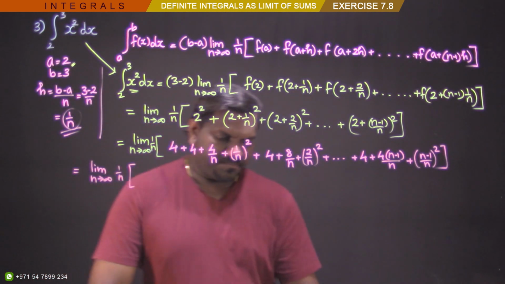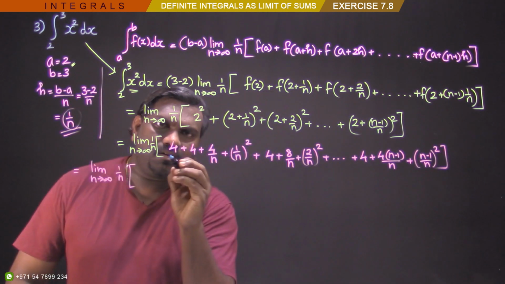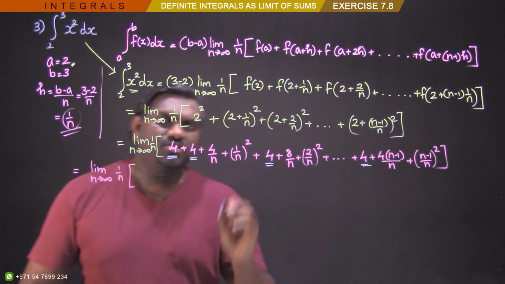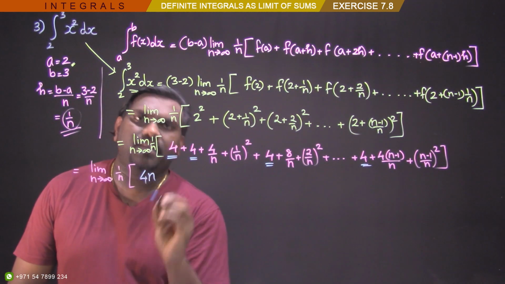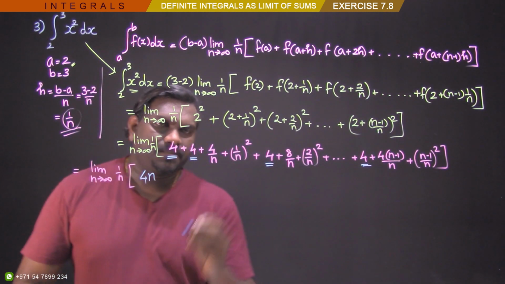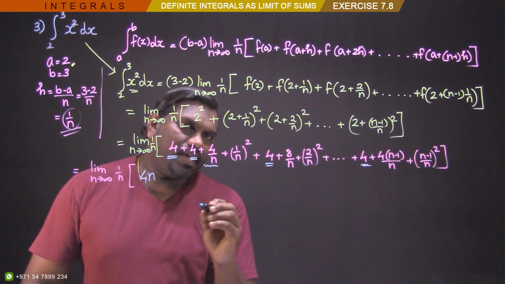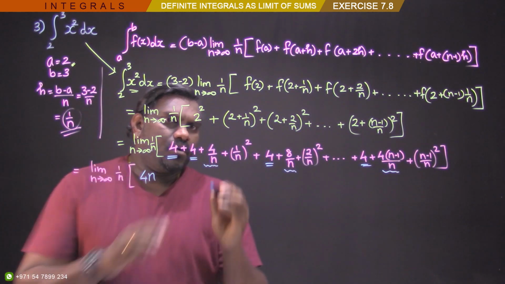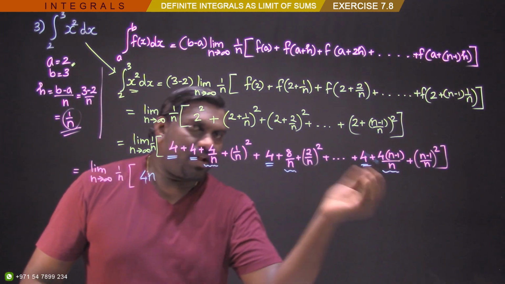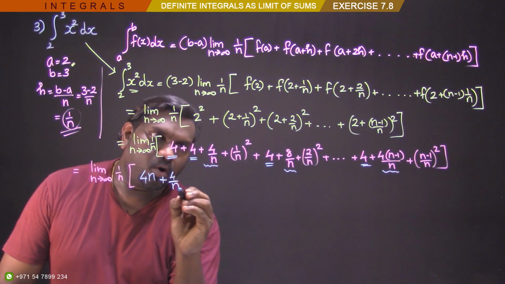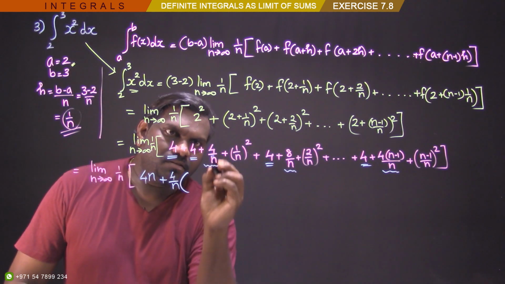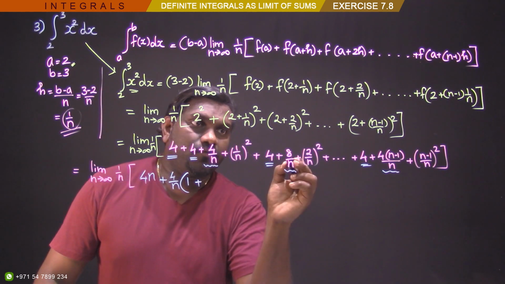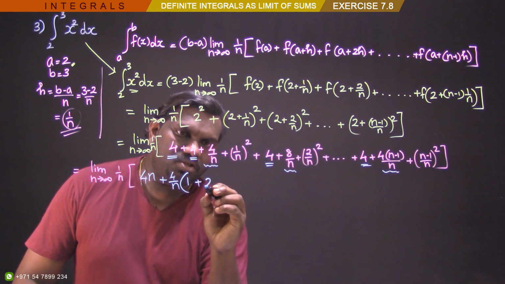As you can see here, every single place you have a 4, so how many 4s? 4n. Then the terms with 4 by n: if I take 4 out from all these terms, what I will get from here is 1, from here 2, next term would be 3, like that.